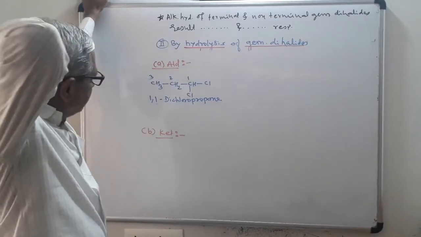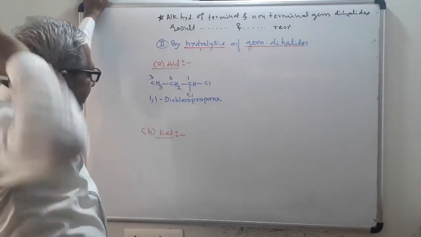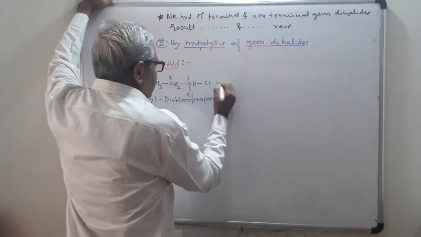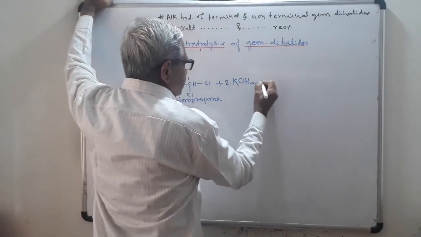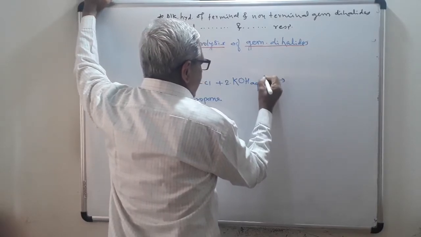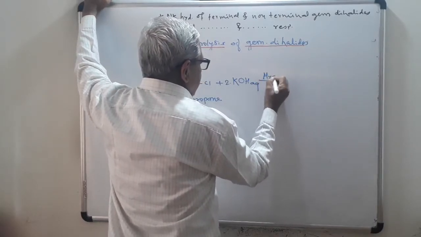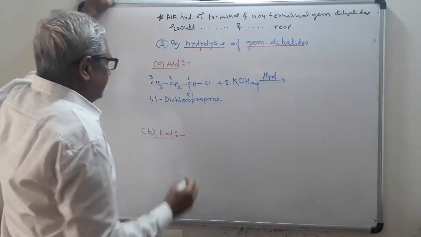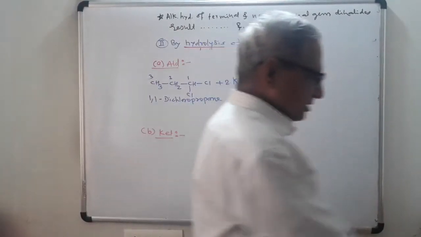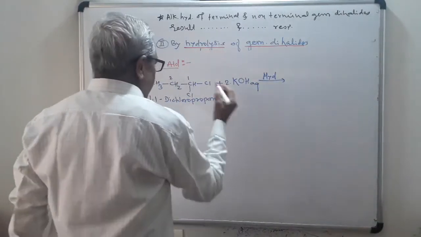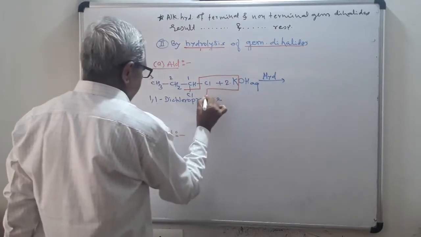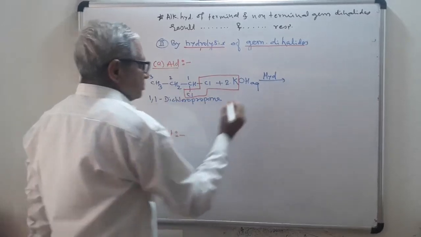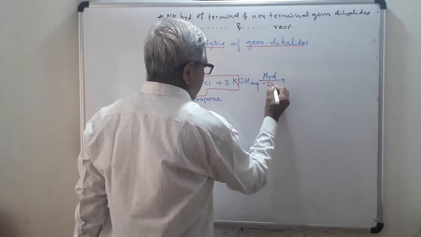The common name is propylene dichloride. You do the reaction with two molecules of aqueous KOH so that the hydrolysis reaction takes place. You can remove twice KCl, so I will write minus twice KCl.